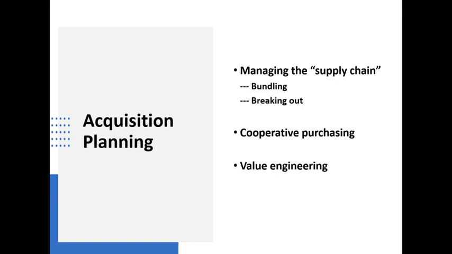So how an organization proceeds with those sorts of decisions also may involve the third bullet on slide 11, which is called value engineering. That's thinking about the life cycle cost of a particular purchase.